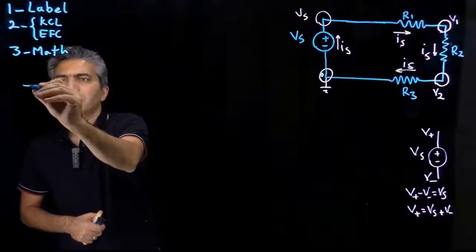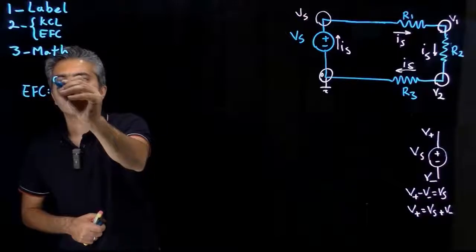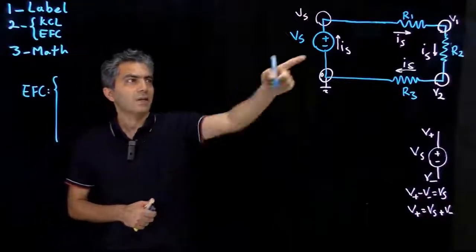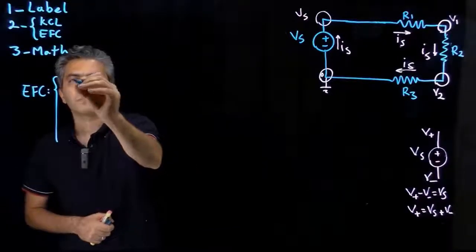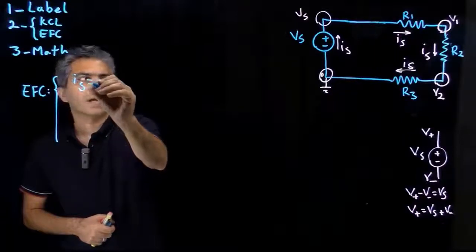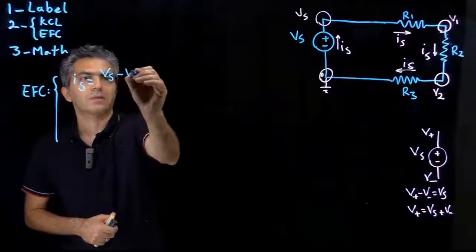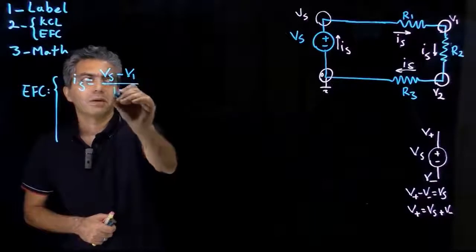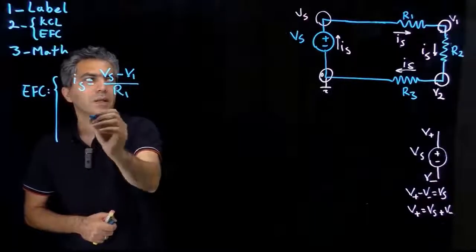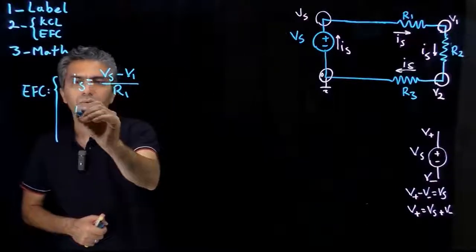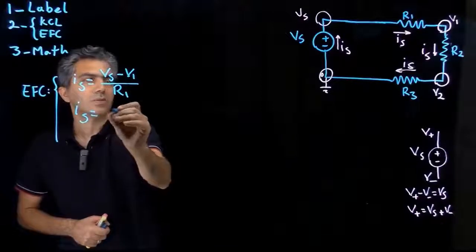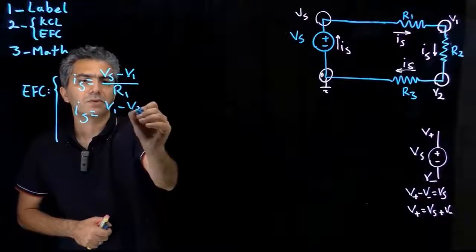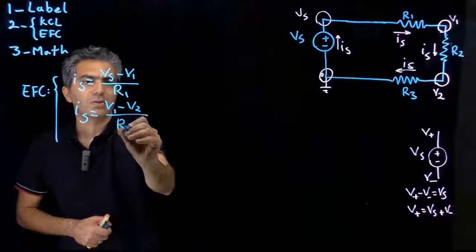So equations for components, for the 3 components that are left, for R1, IS is equal to VS minus V1 divided by R1. Now, for R2, IS is equal to V1 minus V2 divided by R2.